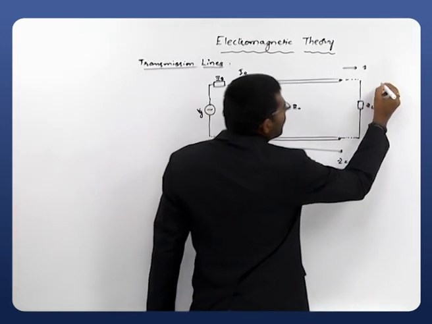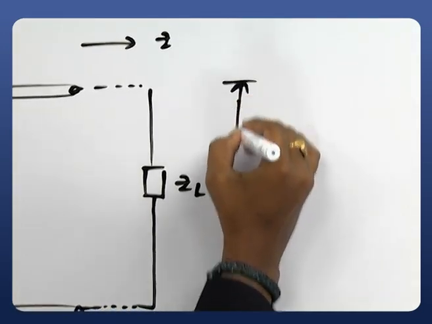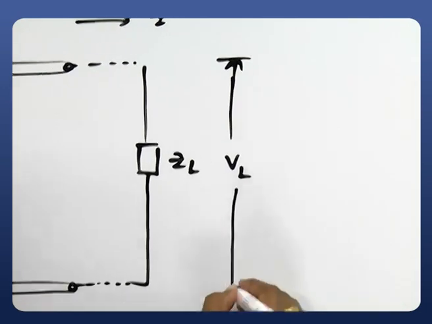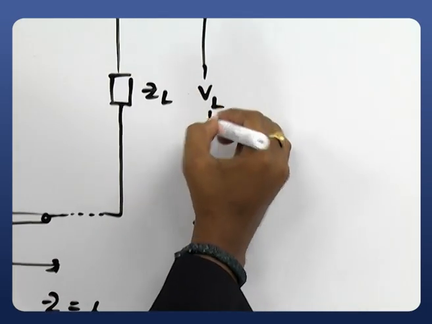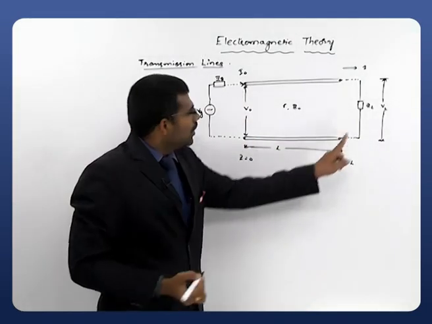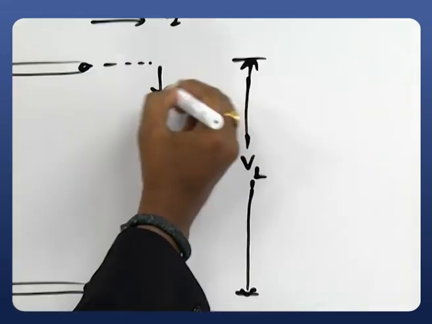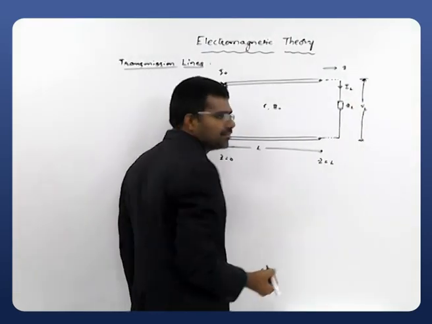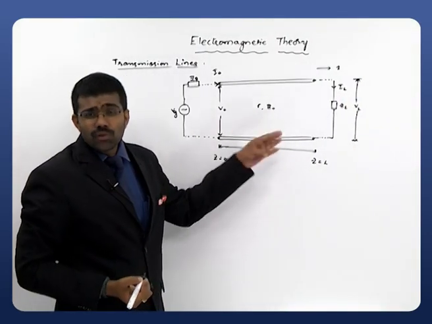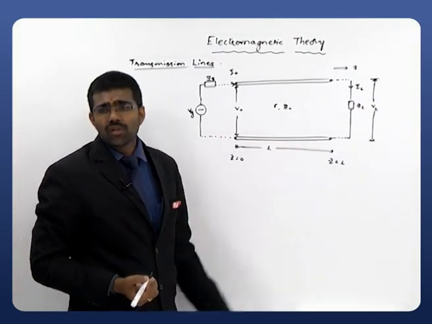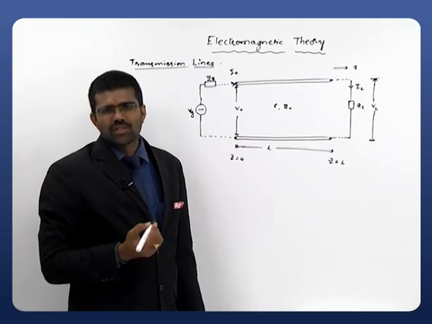The voltage across the load I consider as VL, and the current passing through this load is IL. These are the parameters we require to analyze quantities like input impedance.